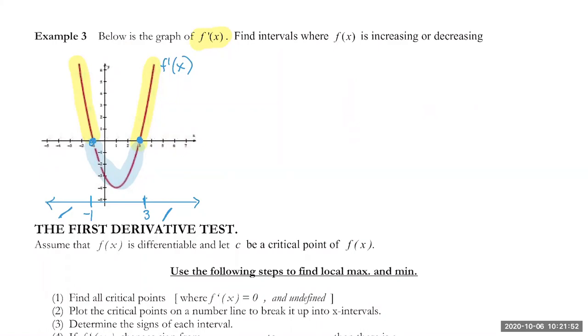And then the blue highlighted part is below the x-axis, therefore I know f prime of x is less than 0. So I'll just write this out. F prime of x is less than 0 here. F prime of x is greater than 0. And so I know that the original function must be decreasing.